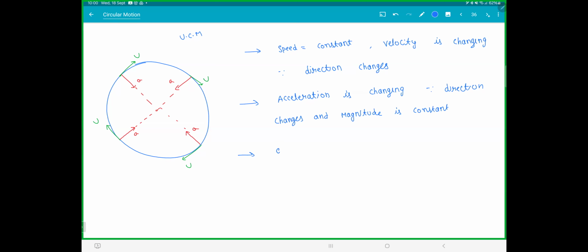And you can clearly see there acceleration is perpendicular to velocity at any instant. Every instant and not once, every time. Clear with this? Any doubts on this page?